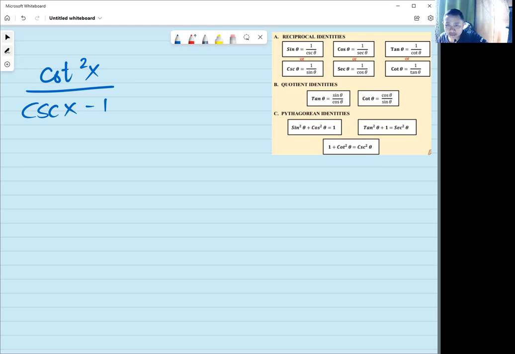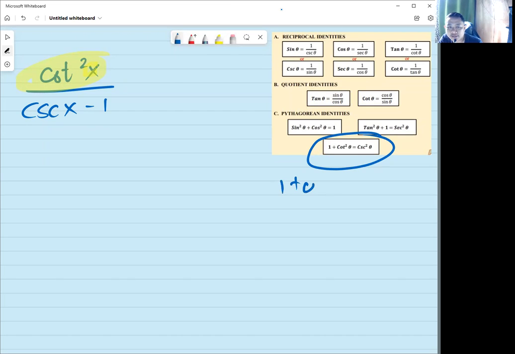Sige, for these two learners, try nyo muna yung process nyo. And let's also adapt their suggestions. Sige, gawin natin yung sinasuggest nila. Ito, gawin nating cotangent. This, let's find its Pythagorean identity. Sige nga, let's do that.